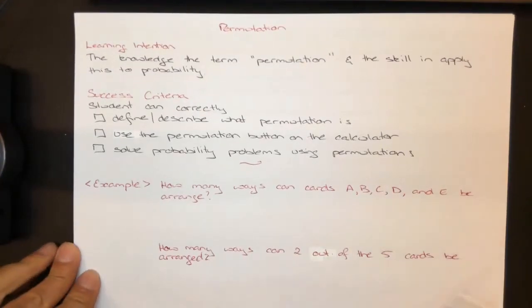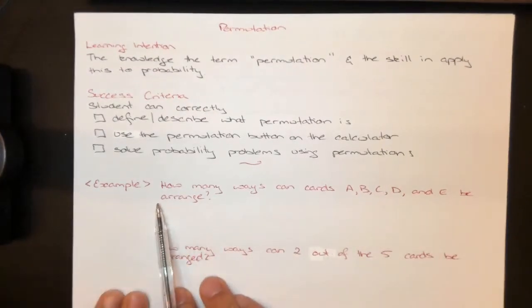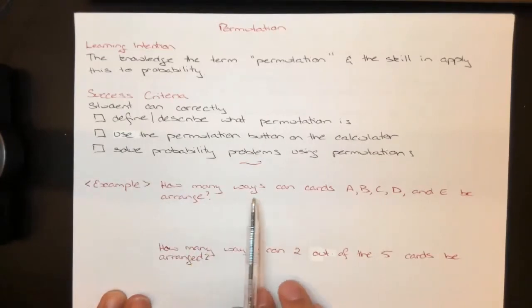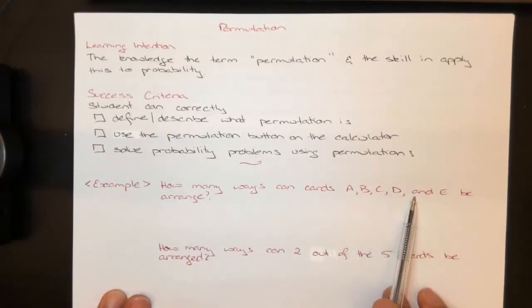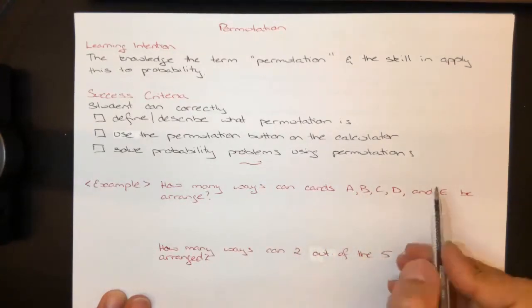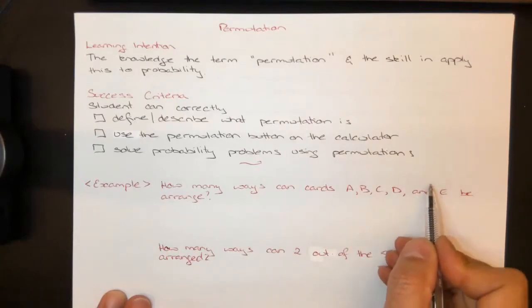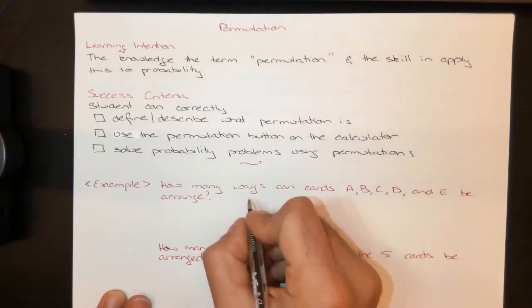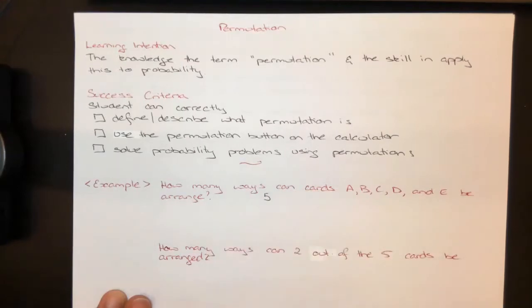Okay. So if we have a question such as this: how many ways can cards A, B, C, D, and E be arranged? Well, we're going to have 1, 2, 3, 4, 5 possible options for the first card.